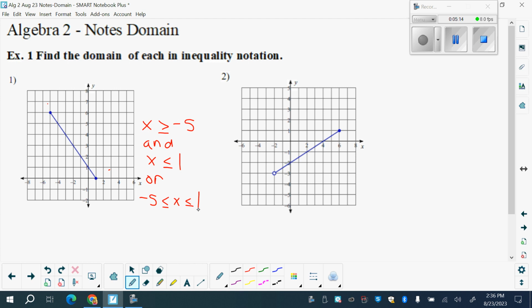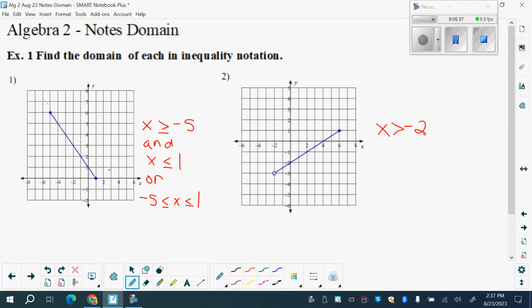So let's go to this one. What is the x value farthest to the left on this one? -2. X is greater than -2, less than -2, greater than or equal to, less than or equal to. Greater than -2, because why not equal to? Open circle, so it doesn't include that -2.